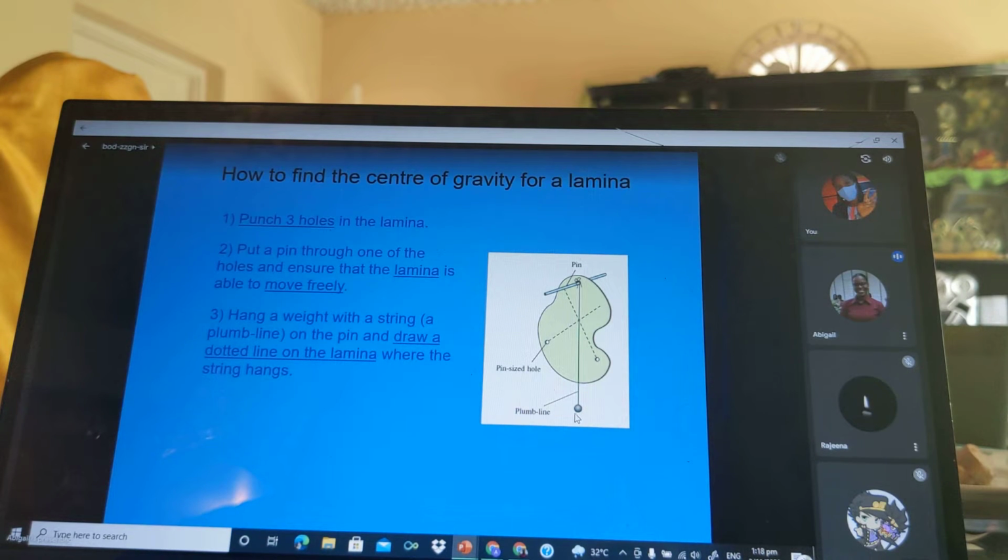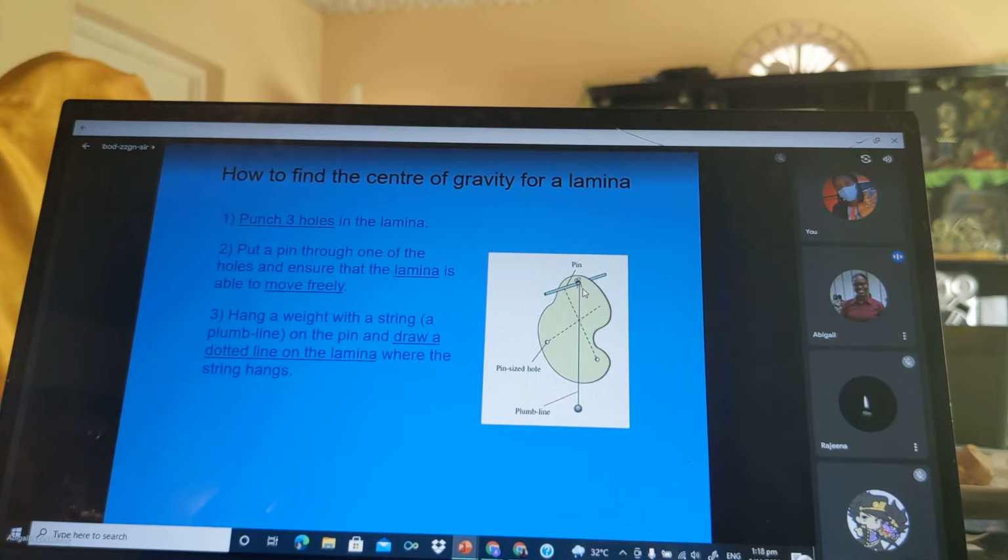A plumb line is literally just a piece of string with a bob, or a little mass, on the end. The mass can be anything, a stone, anything that is going to cause it to swing back and forth. So you hang a weight with a string, which you call a plumb line, on the pin, and where the line settles, you draw dotted lines on the lamina.